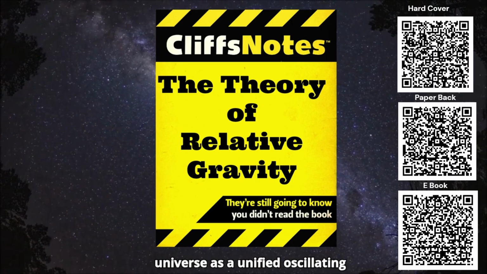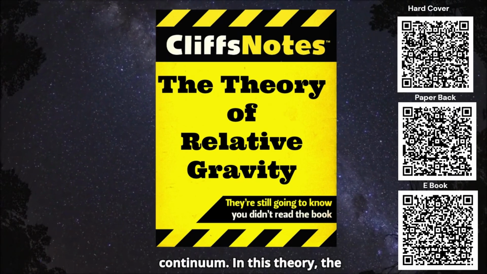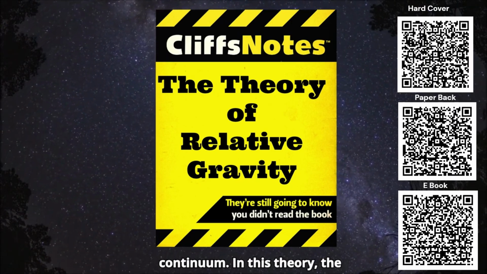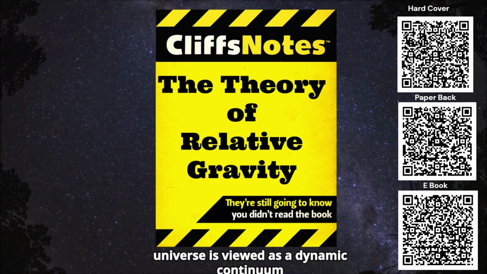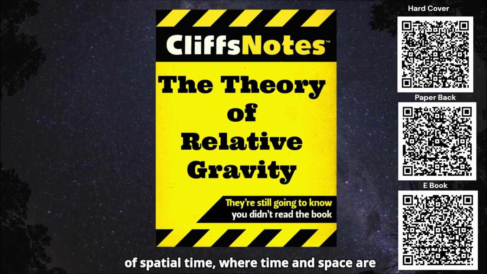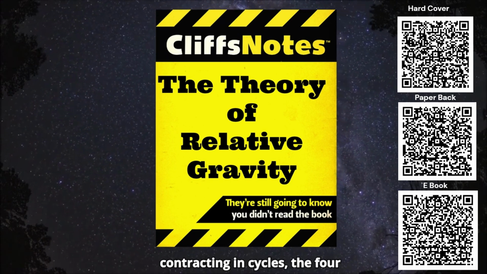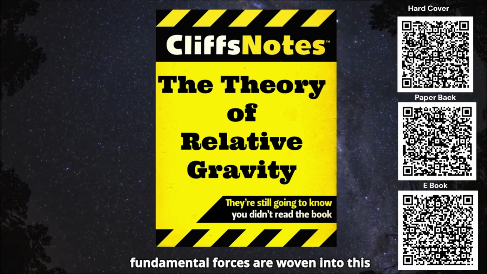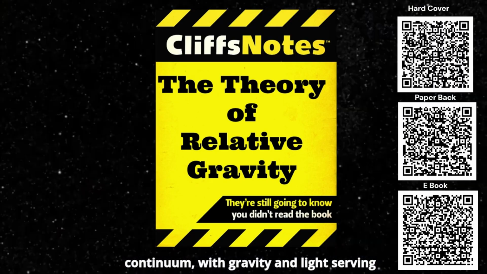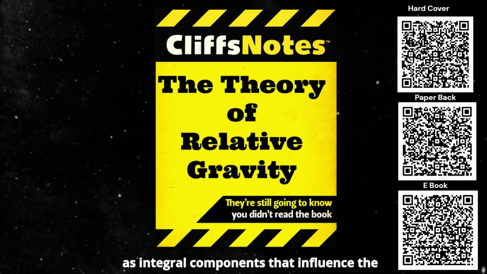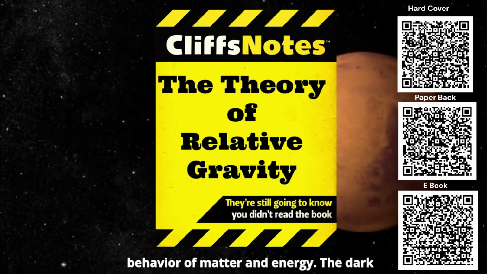Conclusion: the universe as a unified, oscillating continuum. In this theory, the universe is viewed as a dynamic continuum of spatial time, where time and space are in constant flux, expanding and contracting in cycles. The four fundamental forces are woven into this continuum, with gravity and light serving as integral components that influence the behavior of matter and energy.